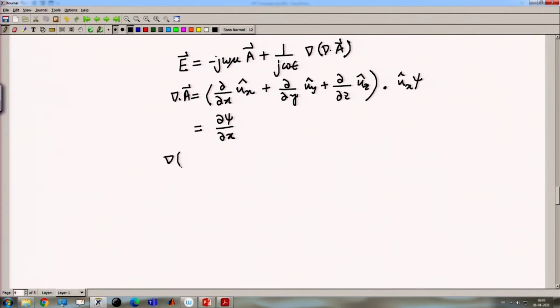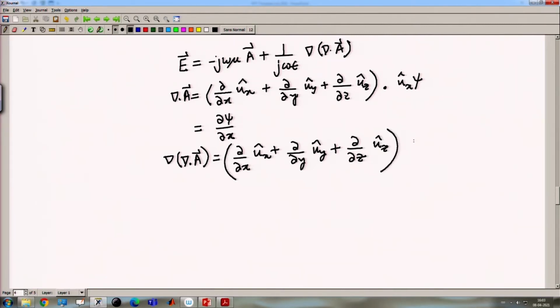So, next, grad of divergence A becomes del del x u x plus del del y u y plus del del z u z times divergence of A, which is del psi del x.